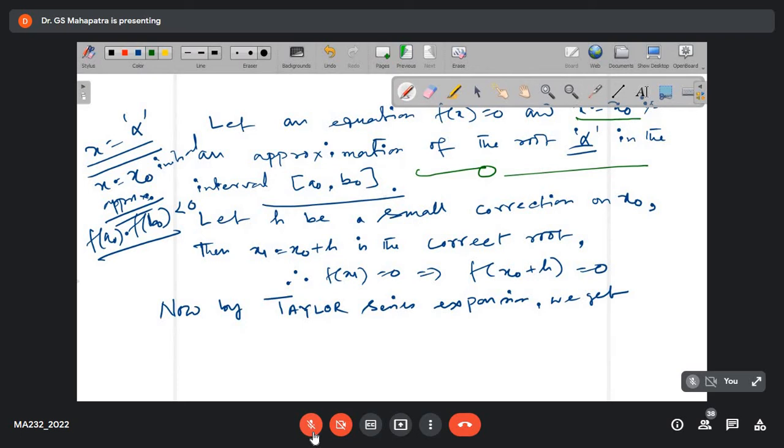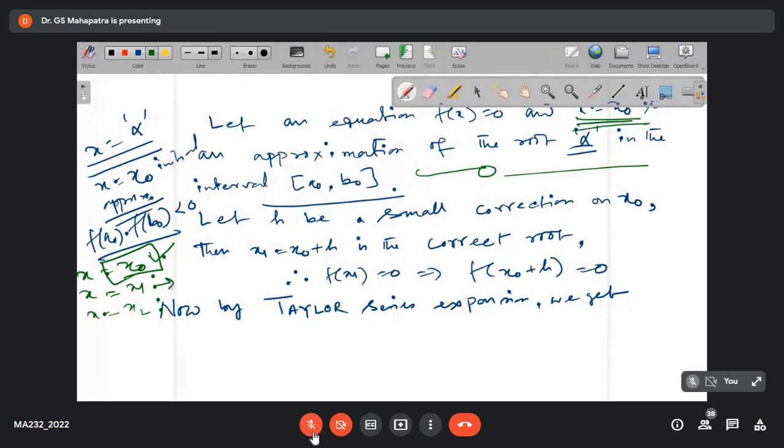So how to do that? We'll discuss. The next value is x1, the next is x2, and so on. What will be the value of x0? That is given.